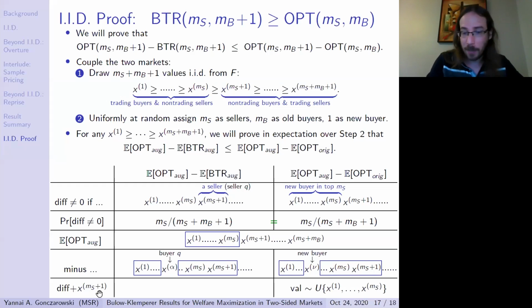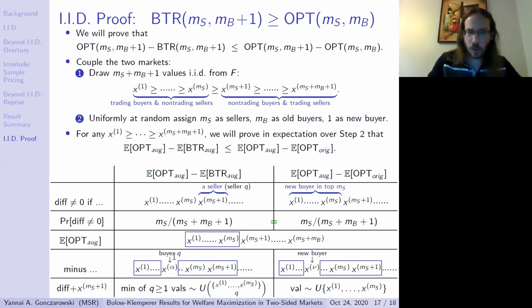So what's this something? Here, it's the new buyer. What's the distribution of the new buyer conditional on being in the top MS? It's a random value drawn uniformly from the top MS. This is buyer Q. We know he's in the top MS. And how do you draw buyer Q?